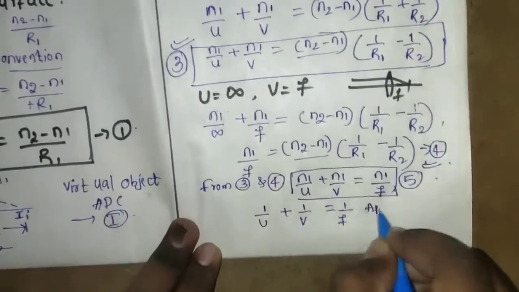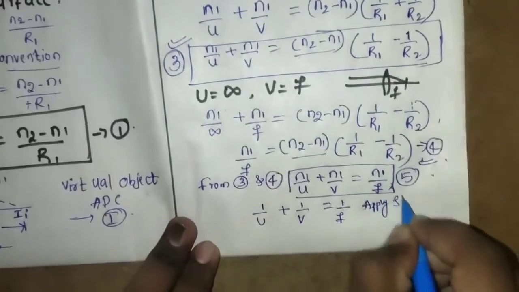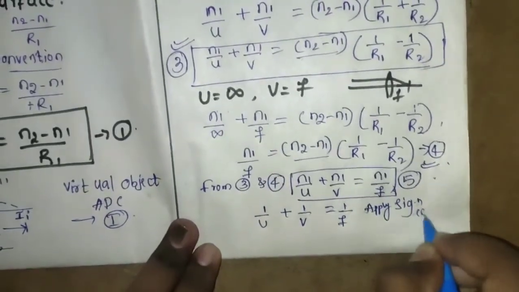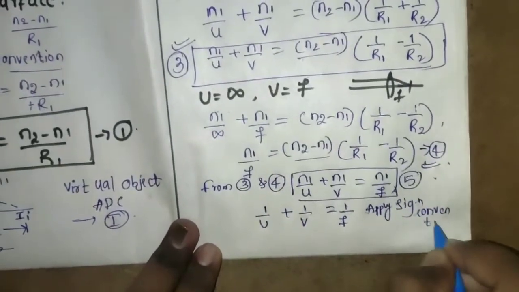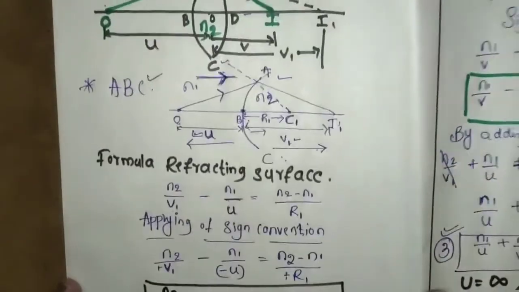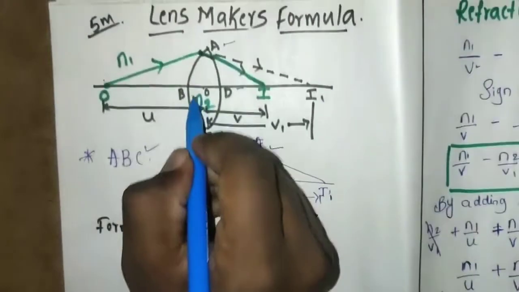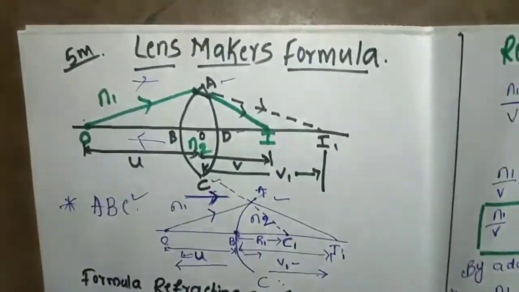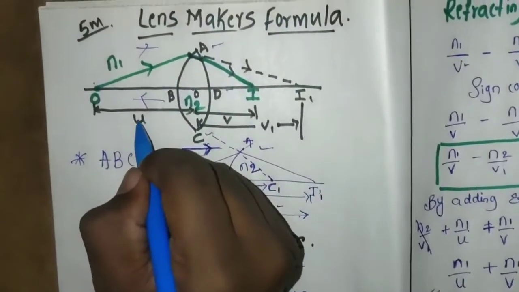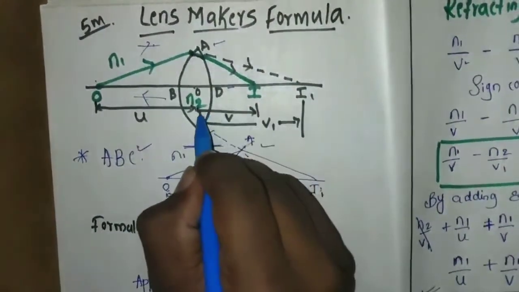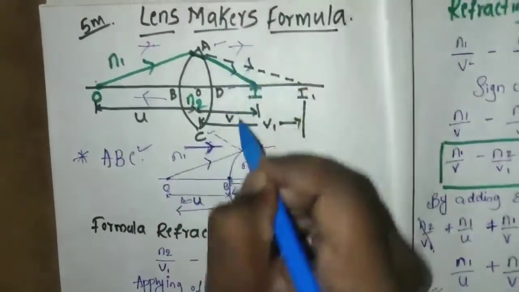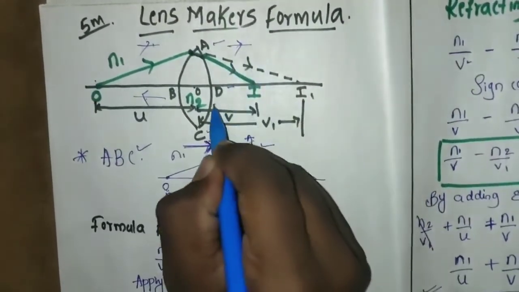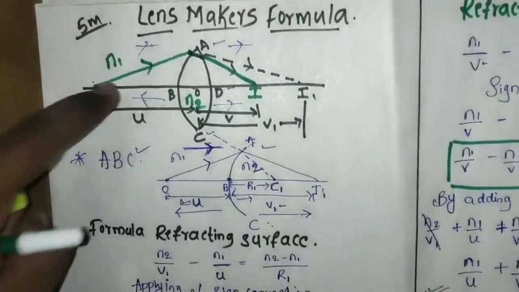After applying the sign convention, see here, the object distance is negative because the incident ray is in this direction and the measurement is taken in the opposite direction. So u is negative, both are opposite, but the image distance is the same as that of the incident ray, both are the same.